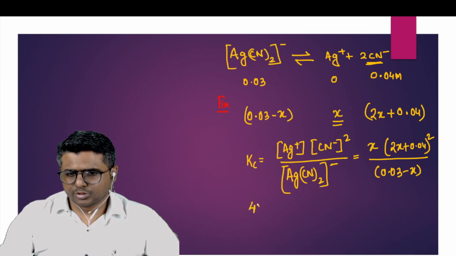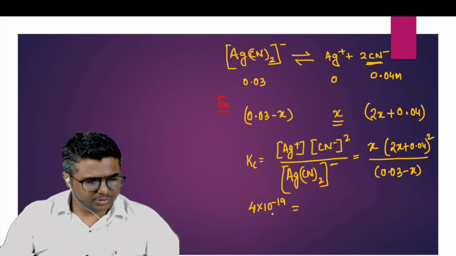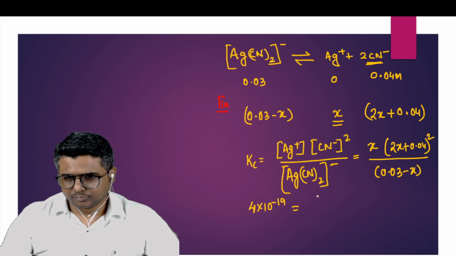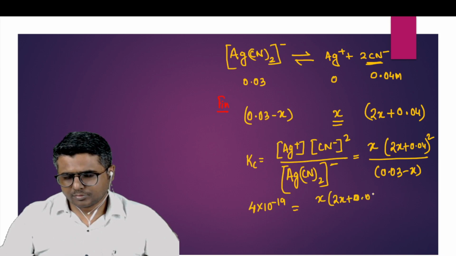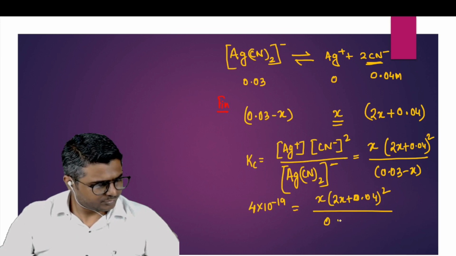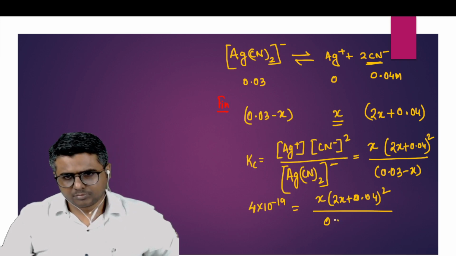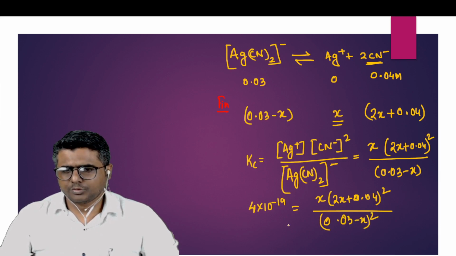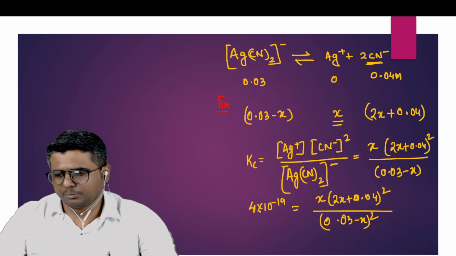So 4 into 10 to the power minus 19 is equal to that, over 0.03. Now you can solve this and complete.